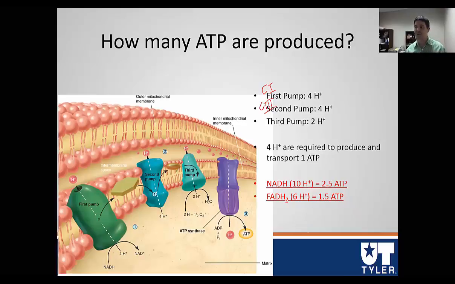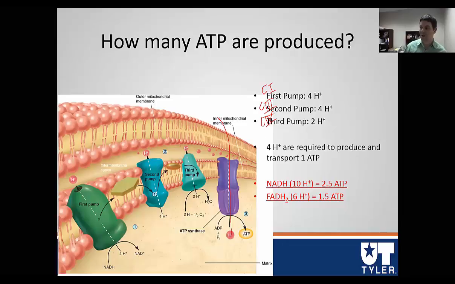And again, as we move electrons down that, we will also move 4 protons across. And then in the third pump, which is complex 4, we will pump 2 across. Some really smart and bright biochemists have determined that 4 hydrogen protons are required to produce 1 ATP molecule when the hydrogen ions come back down through ATP synthase.